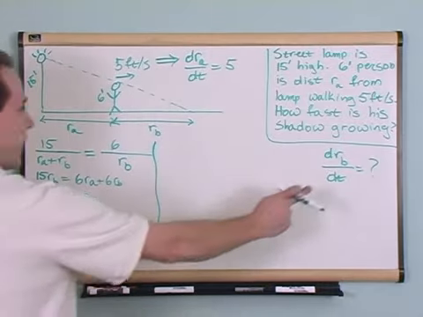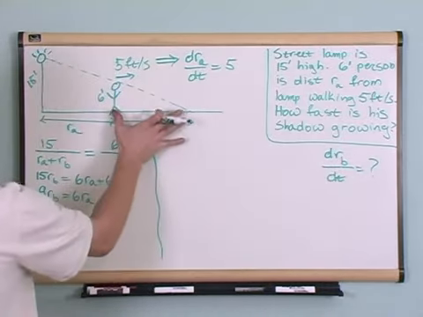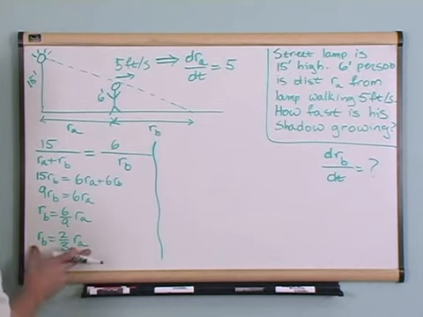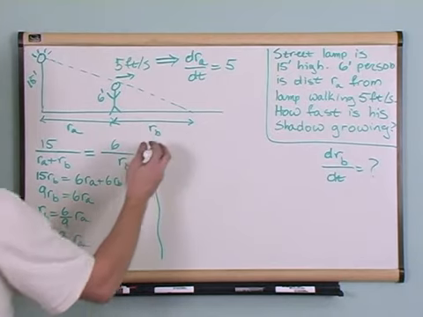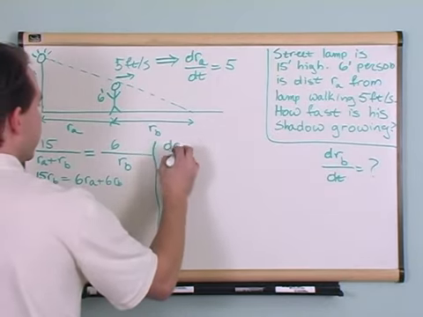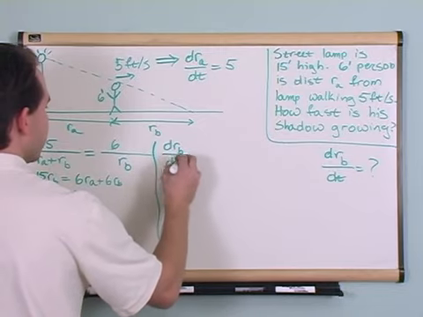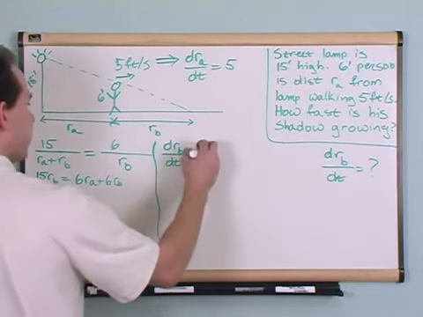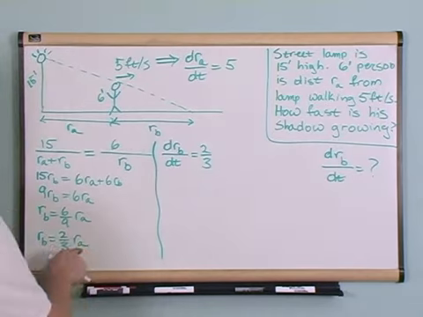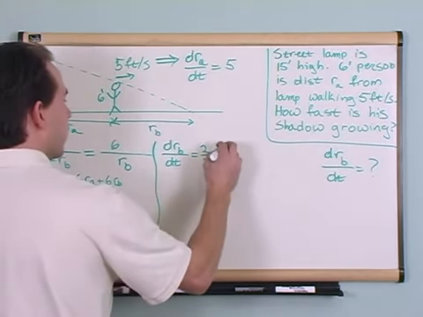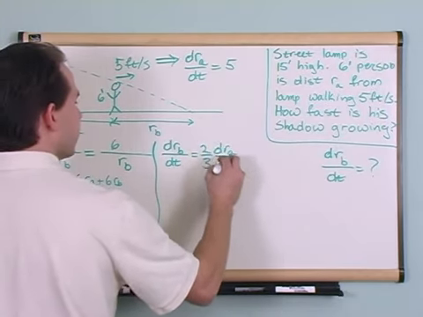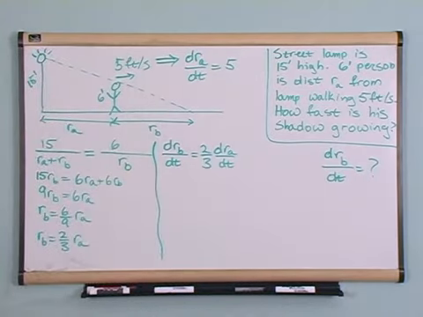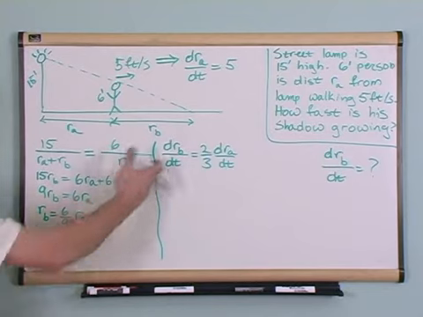So what we're trying to find is the derivative of RB, how this distance changes with respect to time. We have a formula for RB, so let's go ahead and do that. dRB with respect to time is 2/3, the constant just stays out there, times dRA with respect to time. So the derivative of the left-hand side, the derivative of the right-hand side. They're related like this.